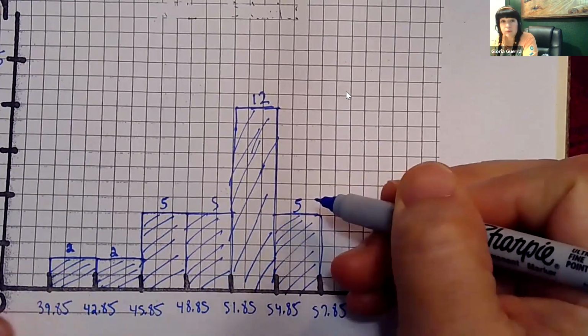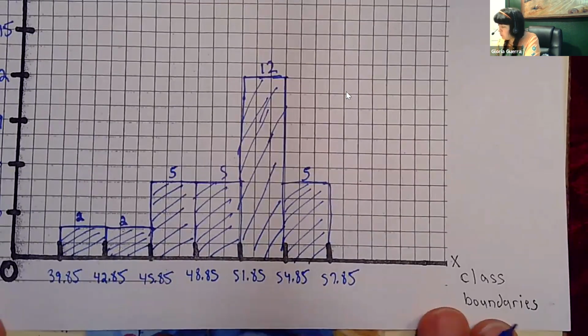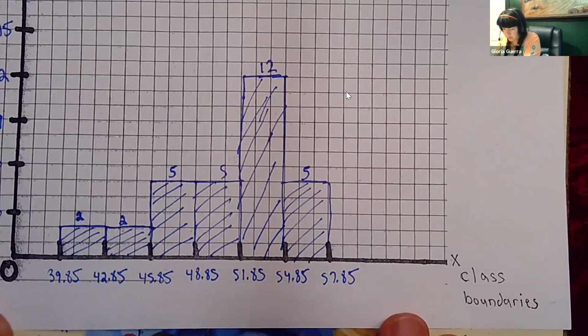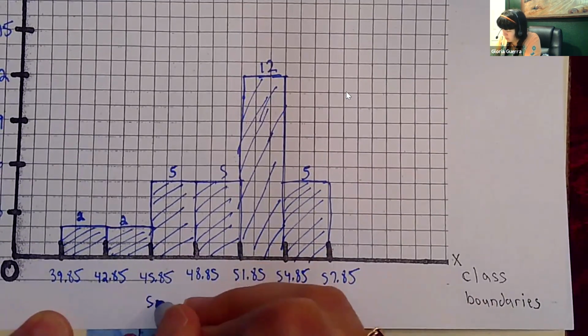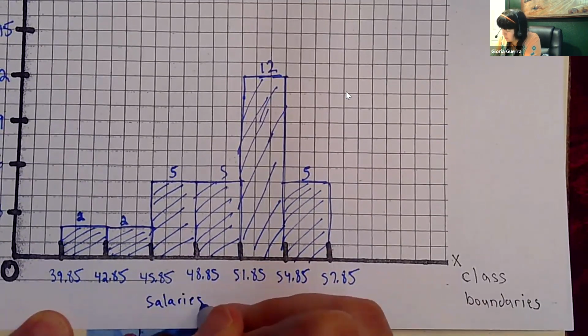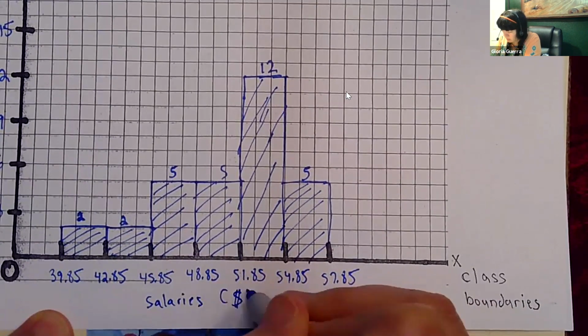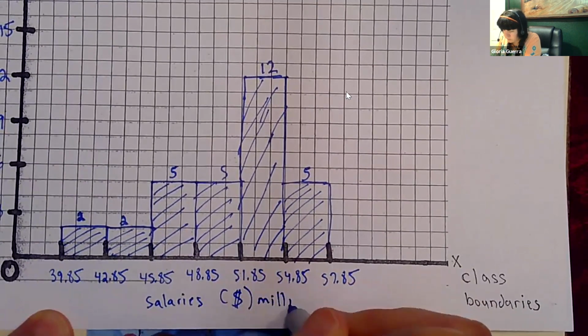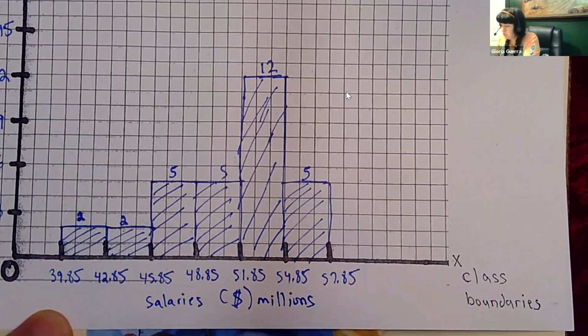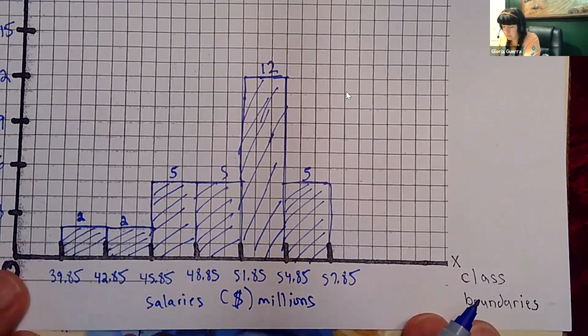Okay. All right. So then there's your histogram, and this was talking about salaries, in millions of dollars. And this was related to the NFL salaries, okay?